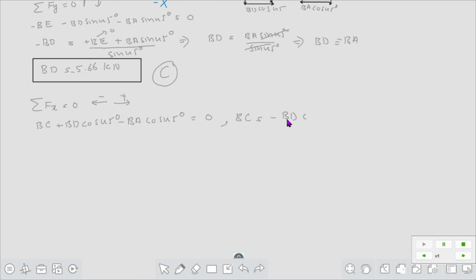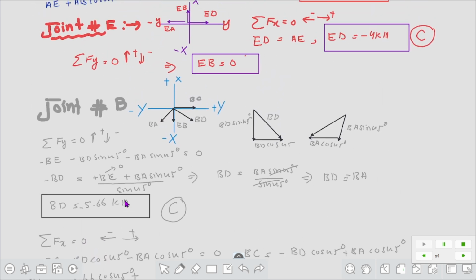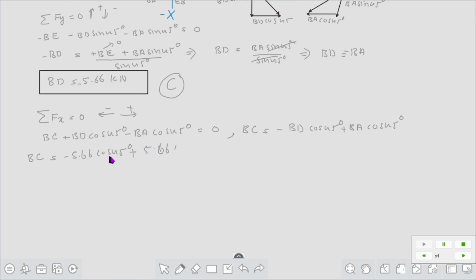BC value will be equal to negative BD cos of 45. I have value of BD and BA. So I will plug the value of BD and BA to find BC. So BC equal to negative 5.66 cos of 45 degree and negative into negative.